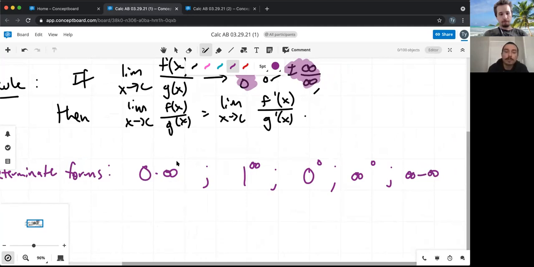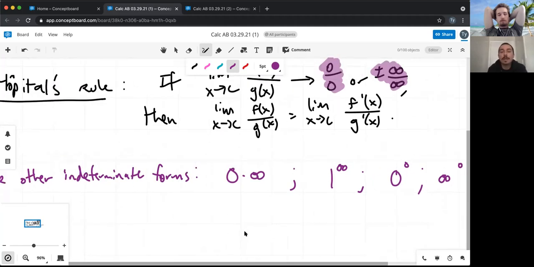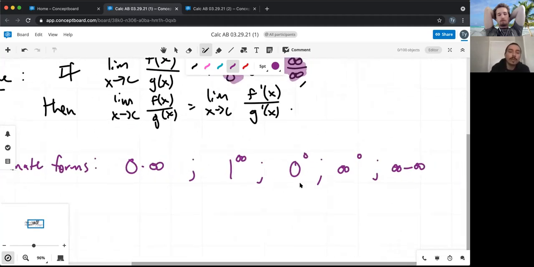Anything times 0 is 0, but anything times infinity, well, infinity is not a number, but it gets larger and larger. So we would expect it to get bigger and bigger. So these are kind of like at odds, right? This is going to 0, and this is getting larger and larger. Same thing here. 1 is staying the same, but it goes to infinity. Like we take powers of infinity. So basically, these are called indeterminate forms because we cannot determine what the limit is when we have a form like this. Okay.